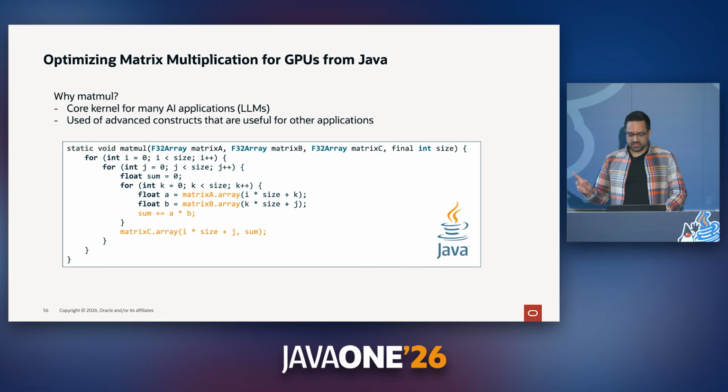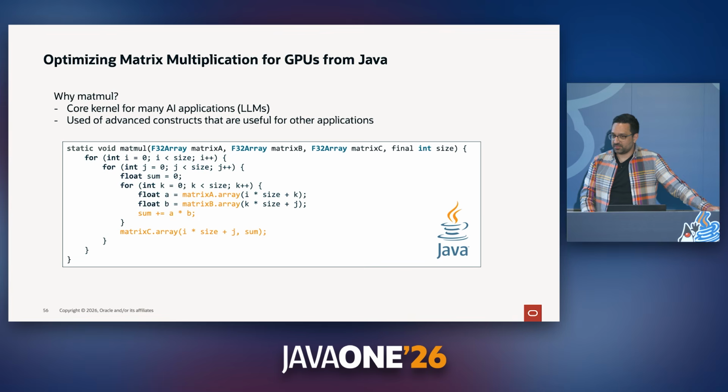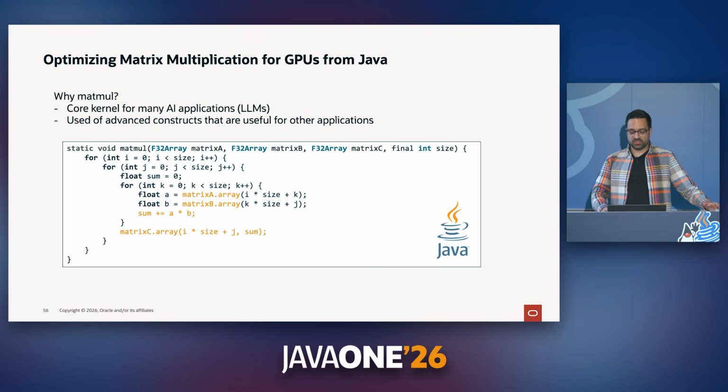There are ways to get faster, but it could be considered the fastest implementation out there, which is quite good. And why did we choose this application? Well, as you might know, matrix multiply is heavily used in LLMs, for example, in inference, in training, etc. So it will be good to have this exercise and see how far we are. So this is the code expressed in Java, and what we do is adapt it using all these constructs with HAT and analyze the performance.